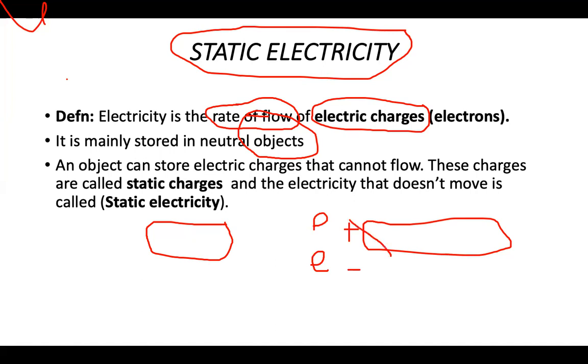So neutral objects have protons which are positively charged that are also equal to negatively charged chemical species. So all neutral objects that are not charged, they contain these static charges. Speaking of a pencil, a pen, a paper, shoes, anything neutral, we are rest assured that that is a source of static charges.